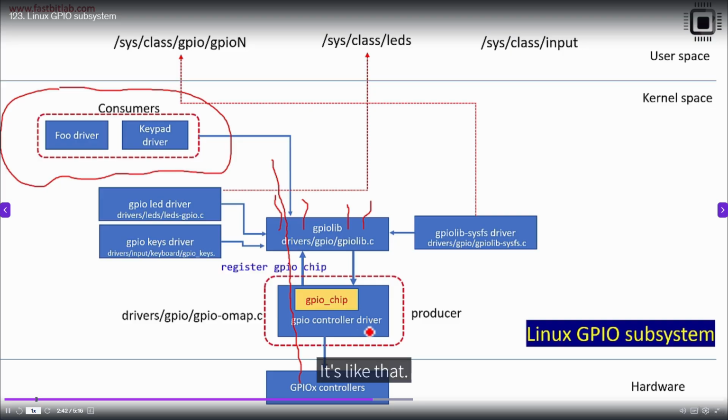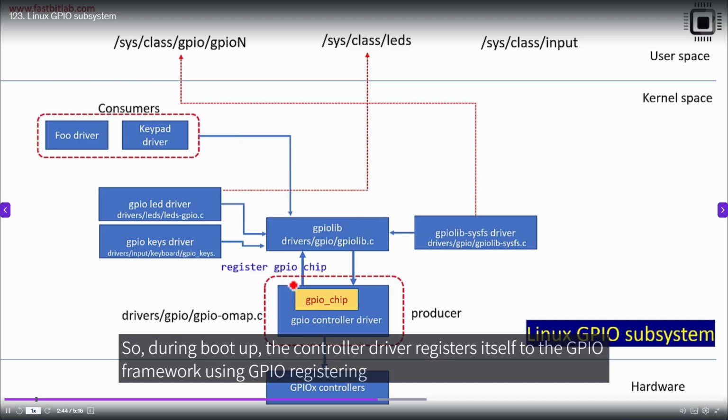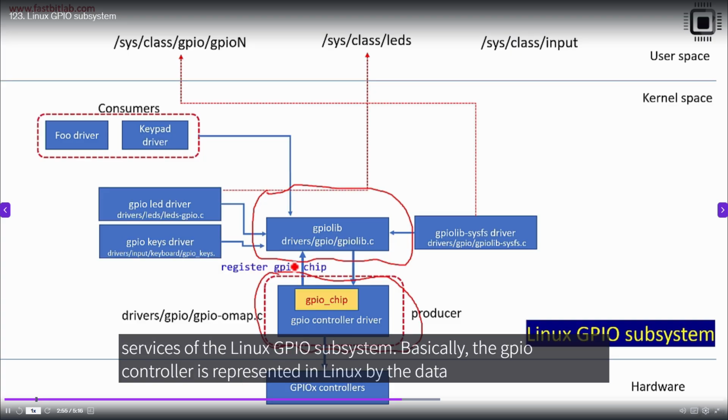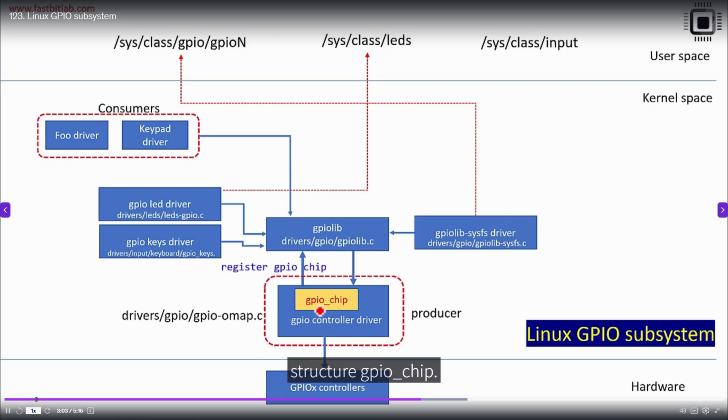So during boot up, the controller driver registers itself to the GPIO framework using GPIO registering services of the Linux GPIO subsystem. Basically, the GPIO controller is represented in Linux by the data structure gpio_chip.